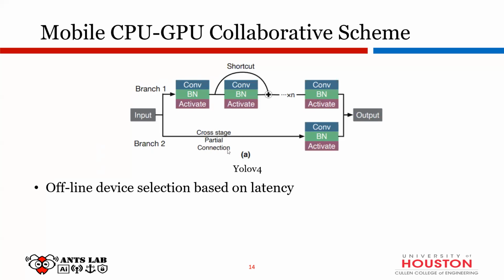And for branch 2, we can determine whether it is more efficient to process on the GPU or on the CPU. So they come up with the following device selection based on latency. It basically computes the time if we use the GPU, or the CPU plus GPU, to do the computing in branch 2.